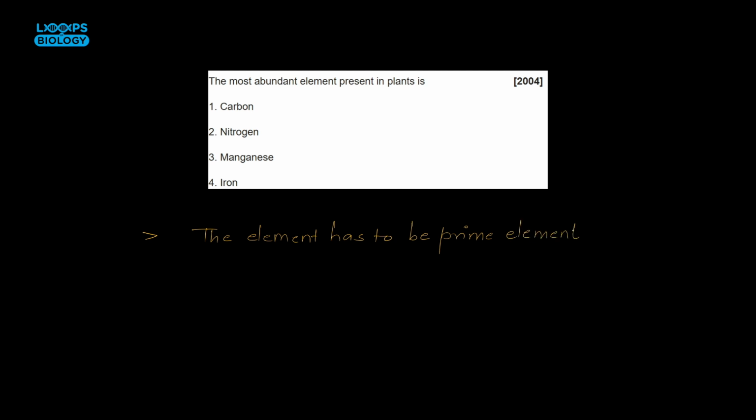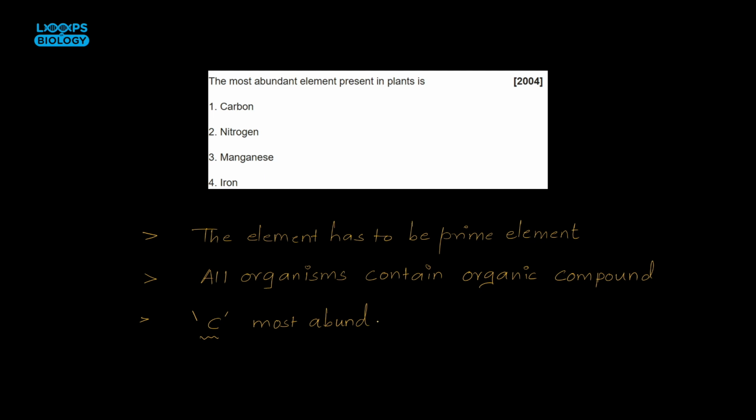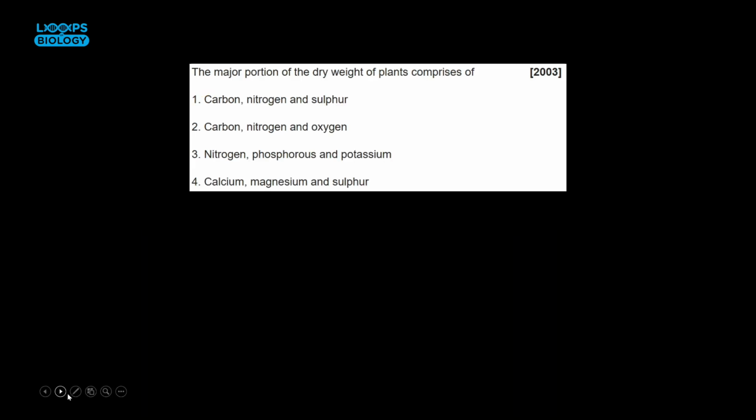And as we are talking about plants, animals or any organism, all organisms contain organic compounds. In every organic compound, you must know that carbon is going to be the most abundant. So the answer for this question should be carbon. Got my point, guys? Let's move on to the next question.